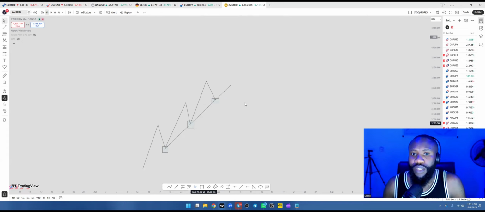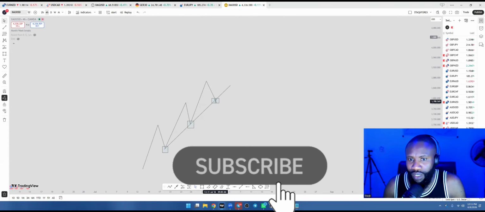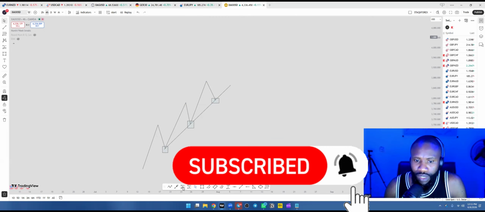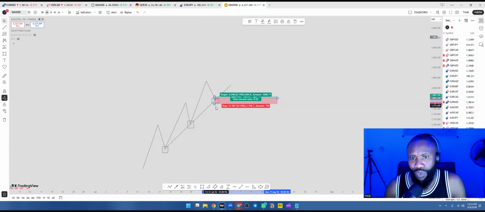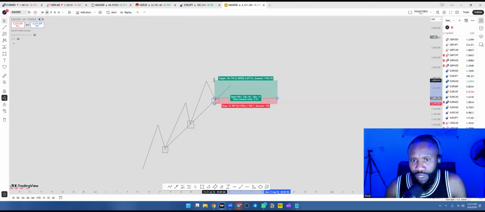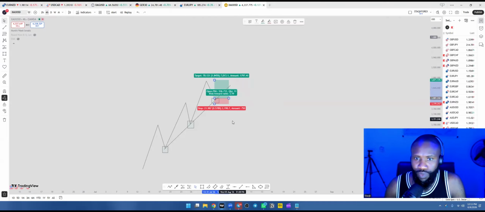Once you have your confirmation, you put your risk reward tool, and you stretch your stop loss to be below the trend line, while your take profit will be the next resistance level.